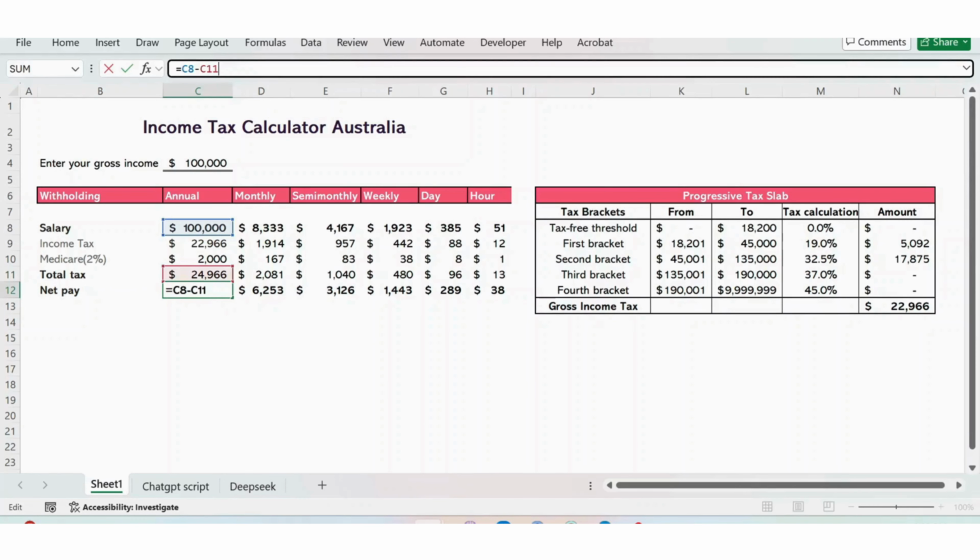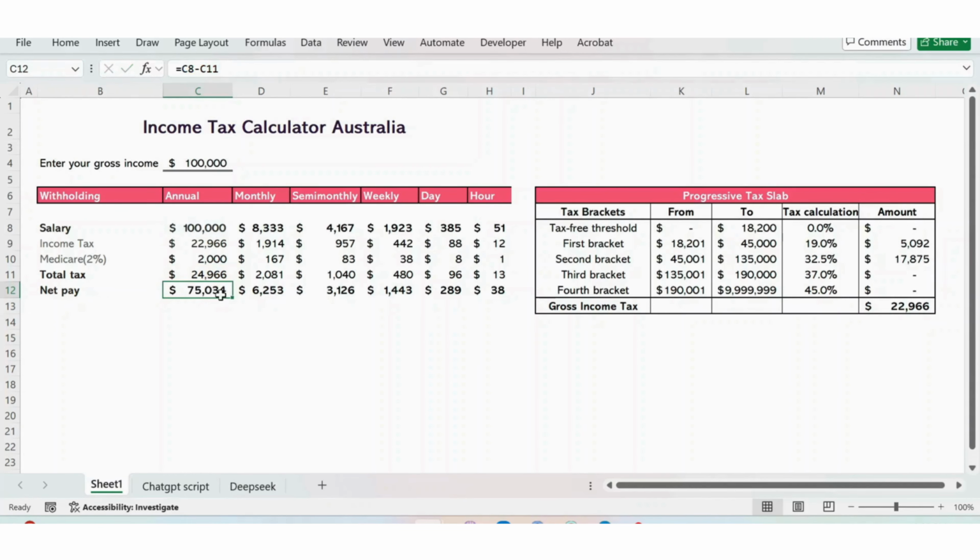And your net pay equals gross income minus total tax equals $100,000 minus $24,966 equals $75,034.